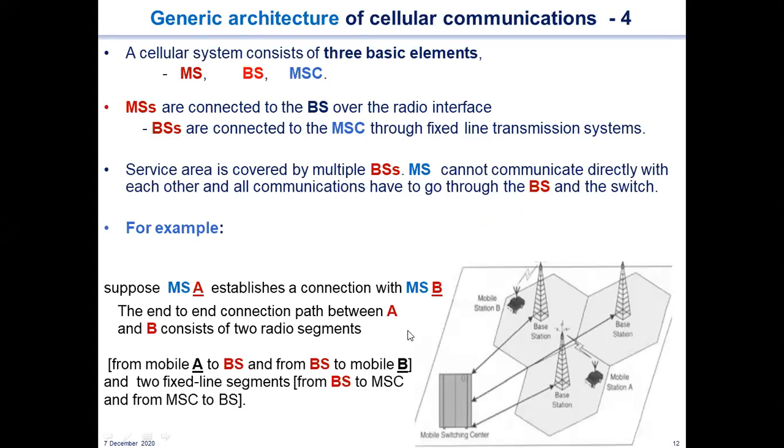A cellular system consists of 3 basic elements that we have seen here. The same thing is getting repeated here, but with more information.